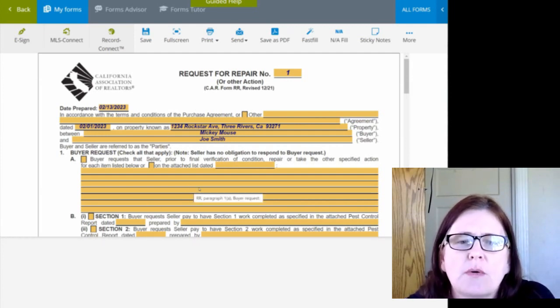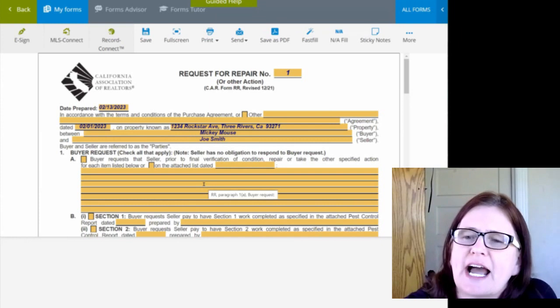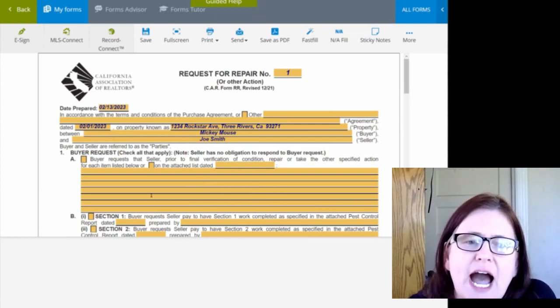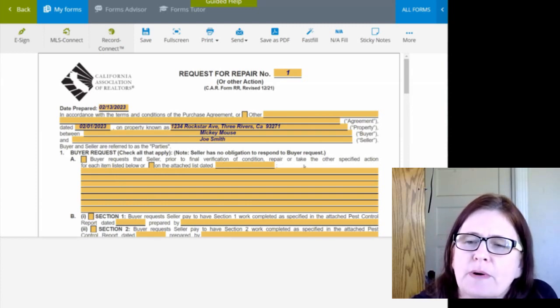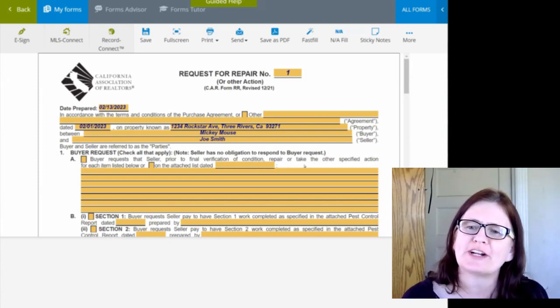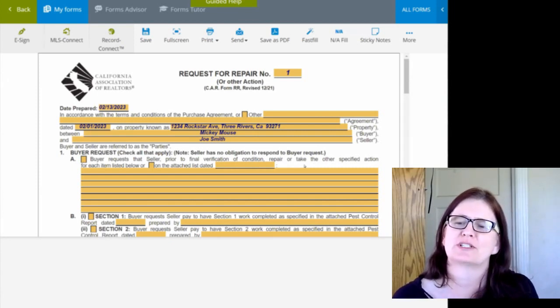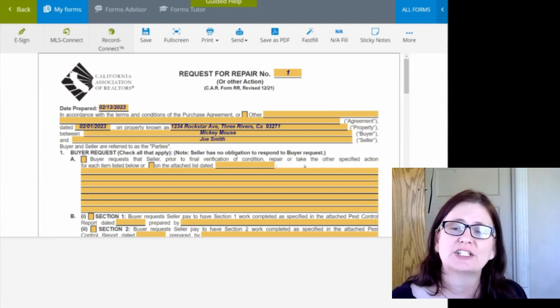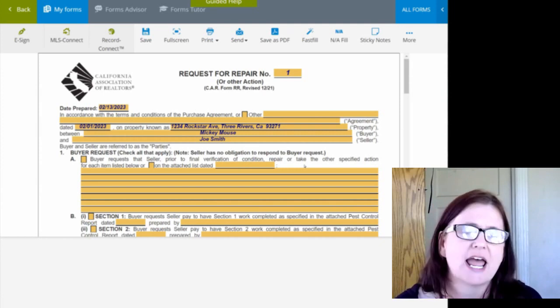One thing that's really interesting, and I don't personally agree with it, but they don't ask my opinion on these contracts, is that it says right here that the seller has no obligation to respond to the buyer request. I think that is rude and frustrating, and they should have an obligation to respond, even if the answer is no, we're not doing anything, but technically they don't.